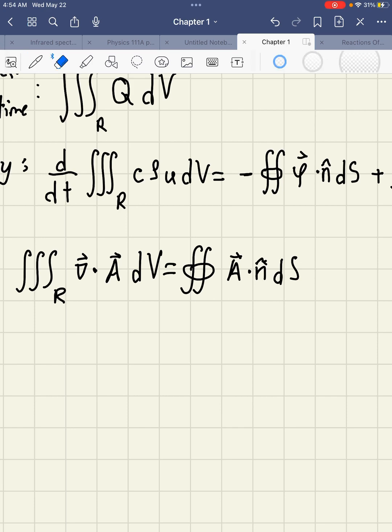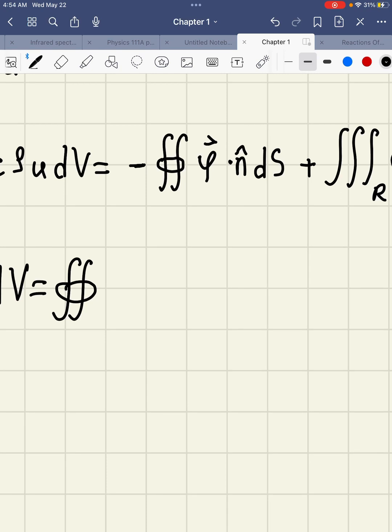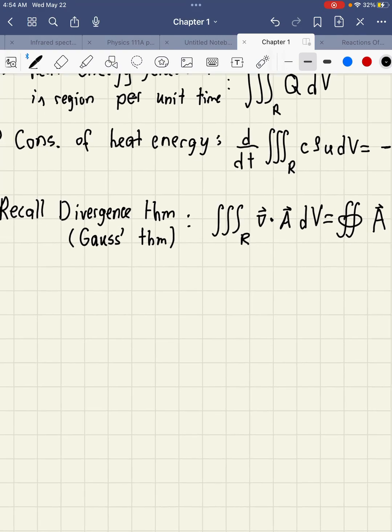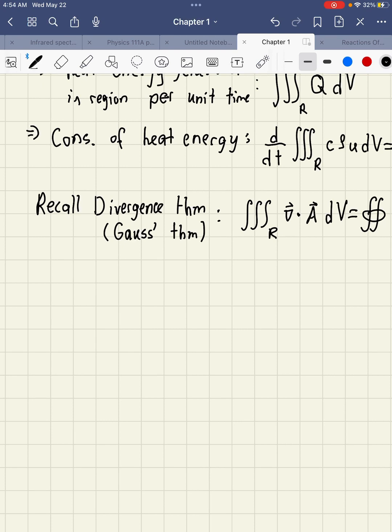Okay, just rewrite this part right here. It's just the corresponding outward normal vector of that corresponding vector.